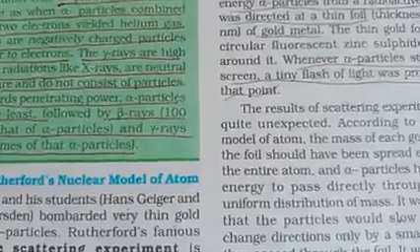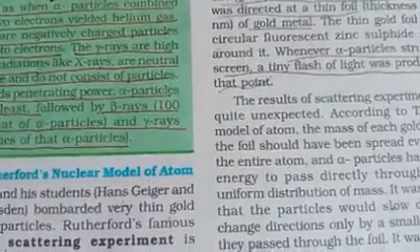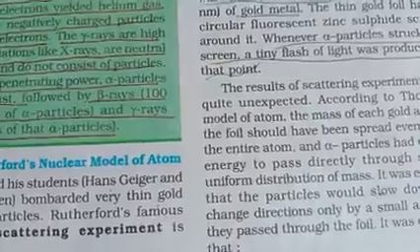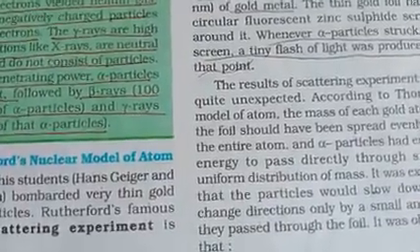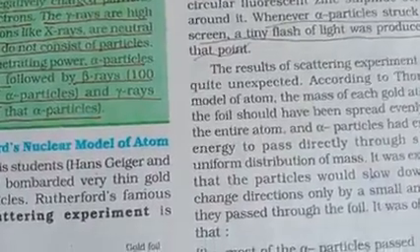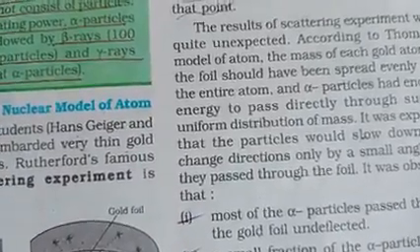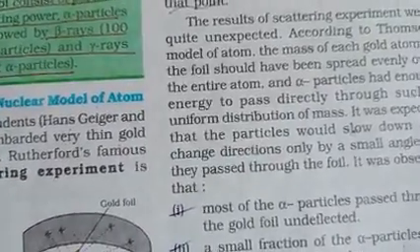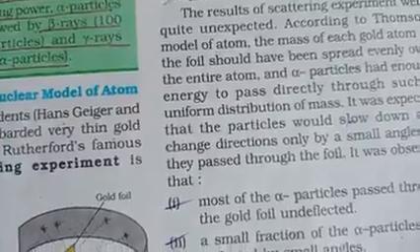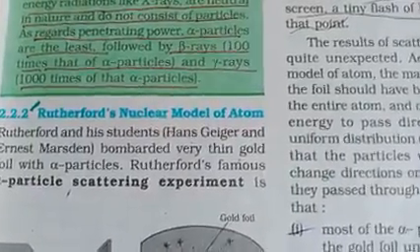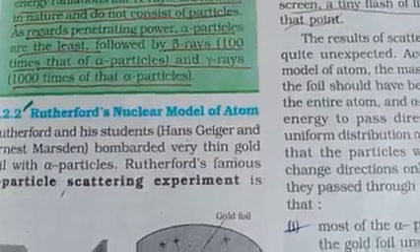And gamma rays are highly energetic radiations like X-rays, neutral in nature, and do not consist of particles. As regards penetration power, alpha particles have the least, followed by beta. Beta is 100 times alpha, and gamma is 1000 times alpha. So gamma rays have more penetrating power than alpha rays.